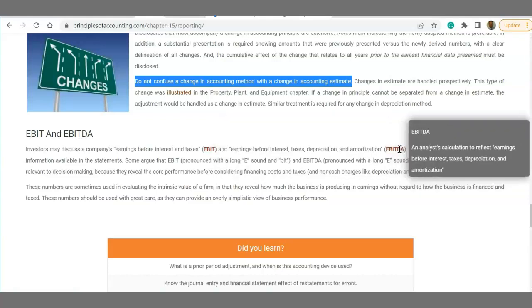But EBITDA is the calculation of earning before interest, tax, and depreciation and amortization, EBITDA. And depreciation and amortization will be added back in this EBITDA compared to EBIT, because technically for depreciation and amortization, even though you recognize them as an expense, honestly, you don't technically pay for it.